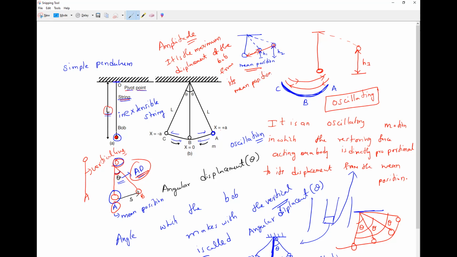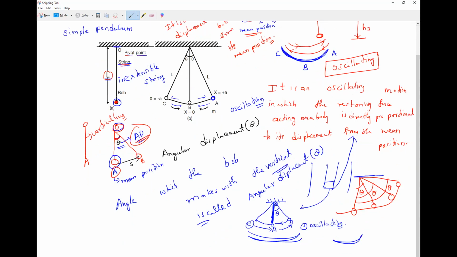Nivedan, understood? Lingesh? What do you mean by one oscillation? Anybody can tell me? Yes, one to and fro motion. Yes, from one extreme position to the other and back to the starting position. Going from one extreme position to the other extreme position and it must come back to the same starting point.